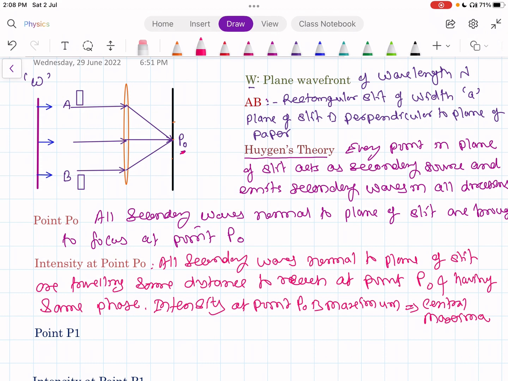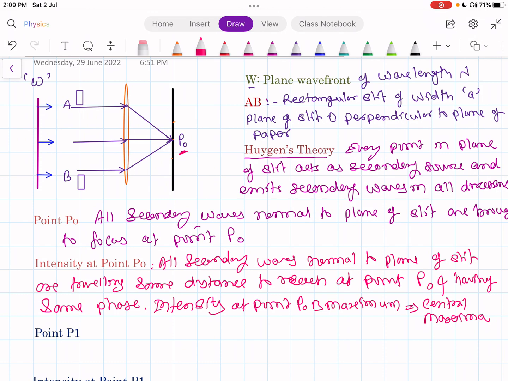So intensity at point P naught is maximum, and we are calling that point as central maxima. In case of the interference, we say there is a constructive interference and there is a destructive interference. But in case of diffraction, we say maxima or minima. So in this case, at point P naught over here, we are getting the central maxima.